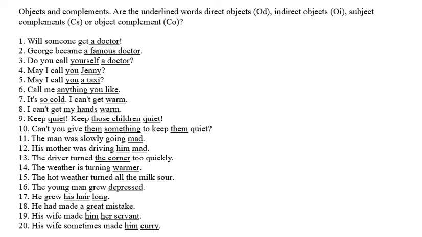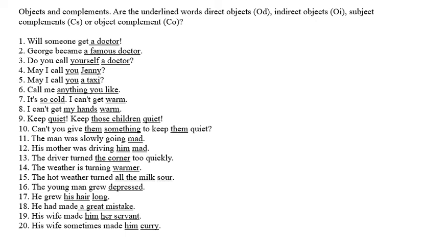Okay, and the last one, his wife sometimes made him curry. So here, his wife made curry for him. So this is a ditransitive sentence, ditransitive use of made. So what we have here is she made curry. Curry is the direct object. That's what she actually made. And him is the indirect object.